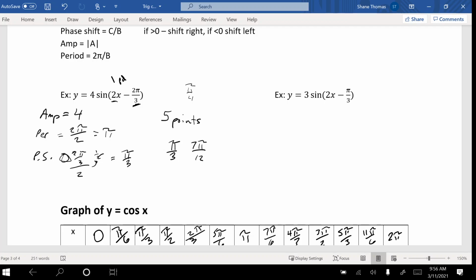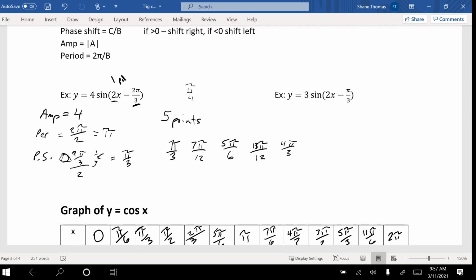Add another pi over 4 on, I'm going to have 5 pi over 6. Then 13 pi over 12, and 4 pi over 3. I saved a little time there. All I did was fraction work: find a common denominator, add them together, and then simplify if possible. Those are my 5 points.